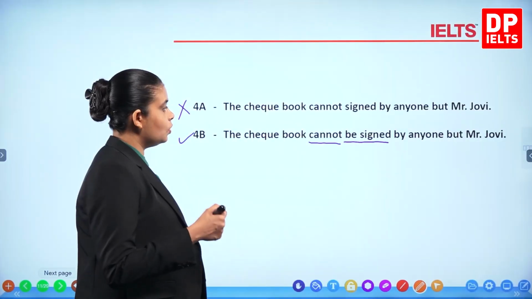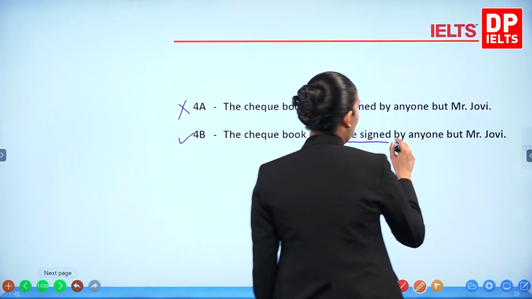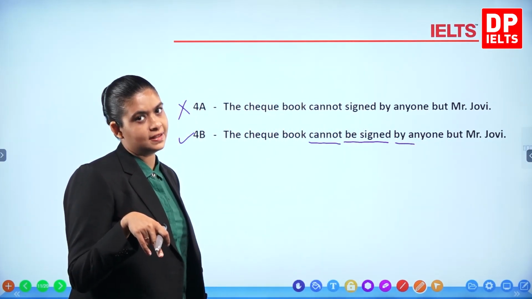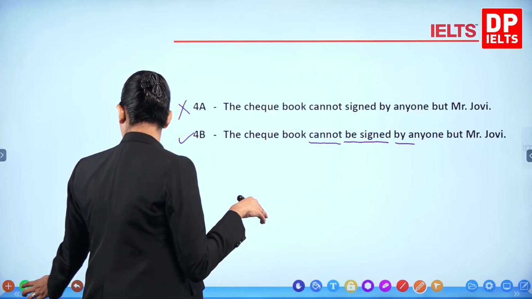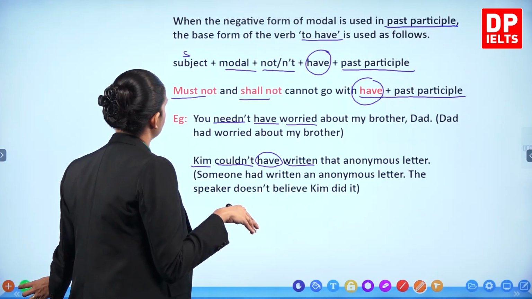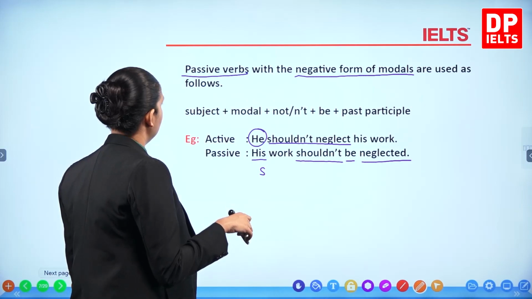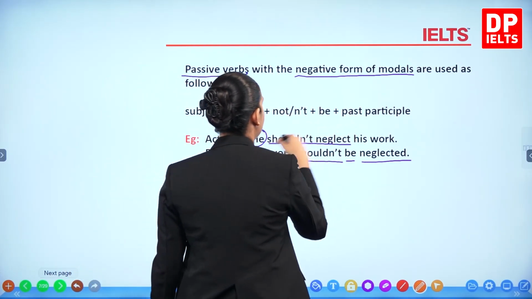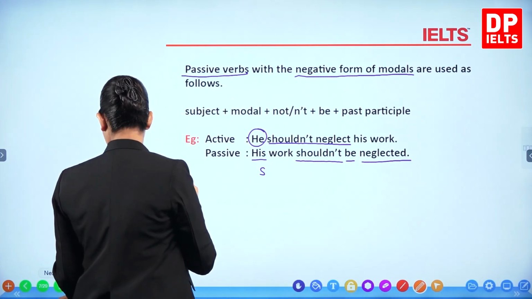So, when you have "by," you know that this is a passive voice sentence, right? If it is a passive voice sentence, then what is the structure? Subject plus modal plus be plus the past participle.